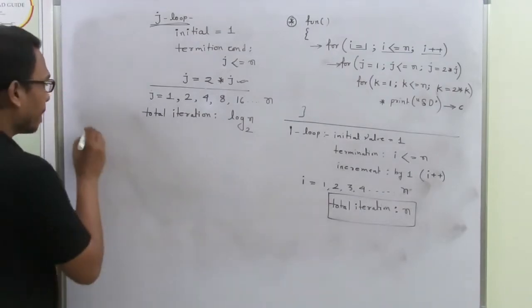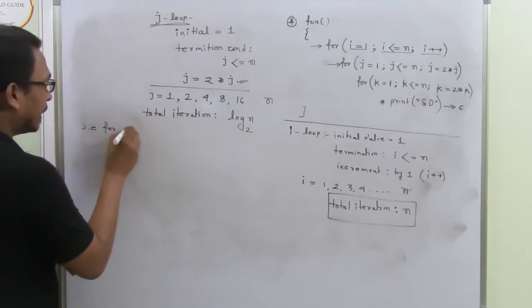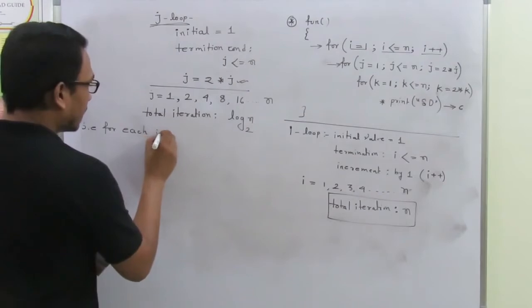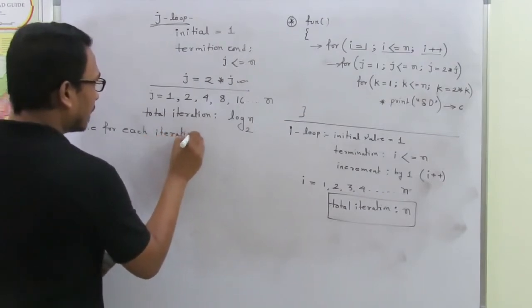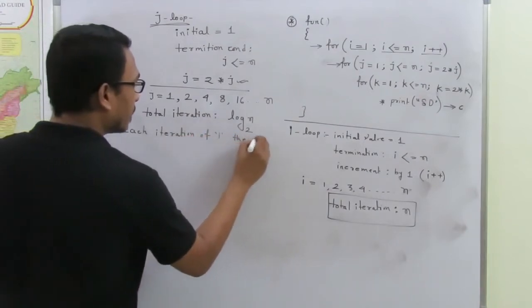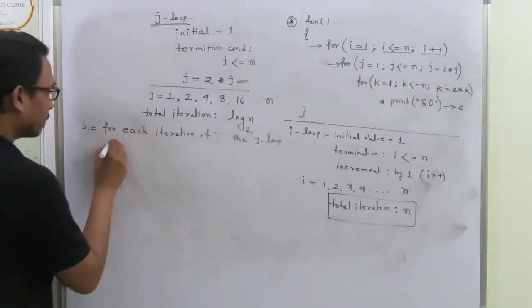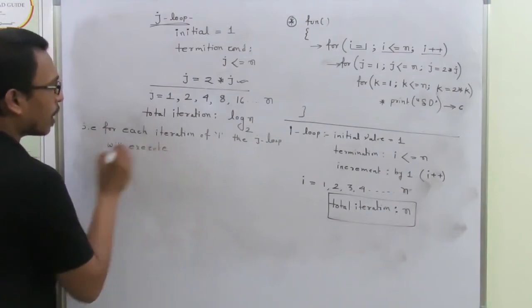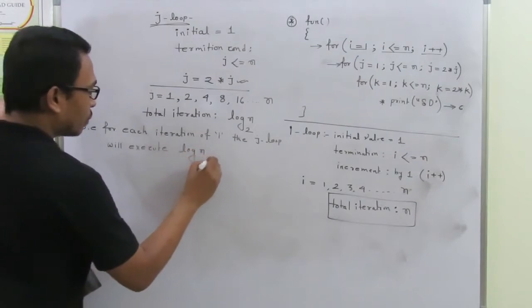That means for each iteration of i, the j loop will execute how many iterations? Log n base 2 iterations.